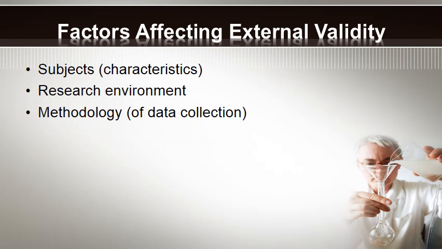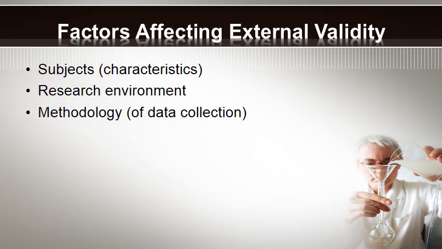Some factors affecting external validity are again subjects, but in this instance we're talking about the characteristics. In external validity you would be looking at what we talked about a couple of slides ago, that they're not necessarily representative of the norm.